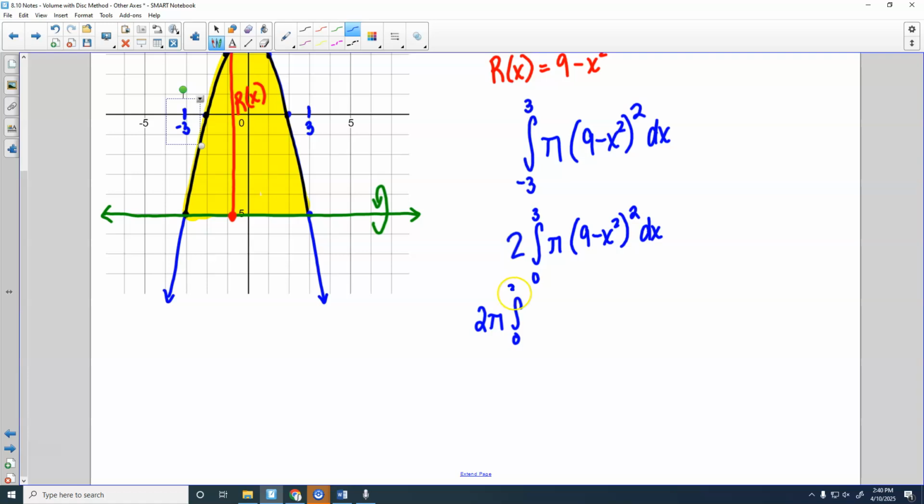We need to expand 9 minus x squared, so that's going to be 81 minus 18x squared plus x to the fourth.